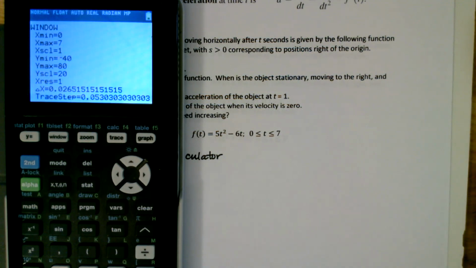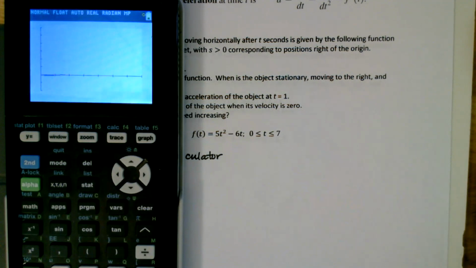For y min and y max, I'm going to let y min be negative 100 and y max be 300. The y scale, I'm going to let that be 50. And then I'm going to press graph. And this is what the graph of f of t equals 5t squared minus 6t would look like.